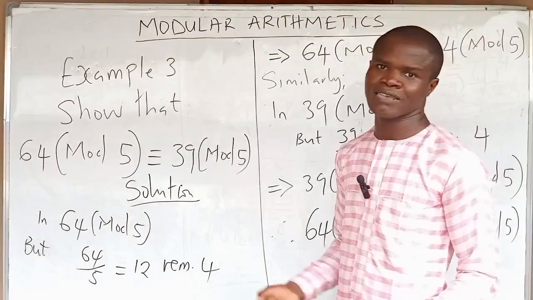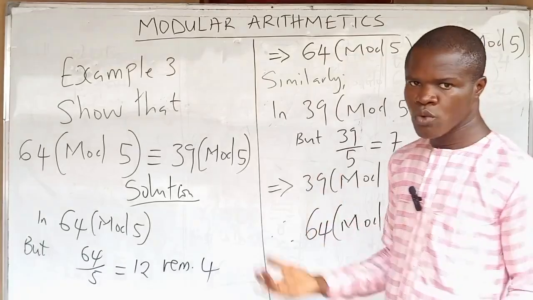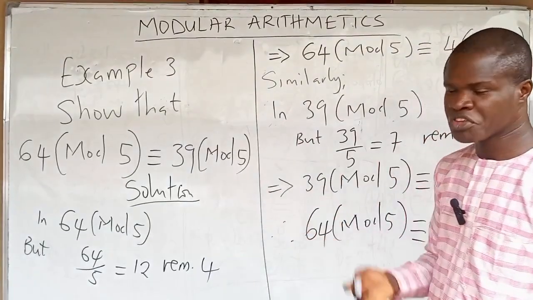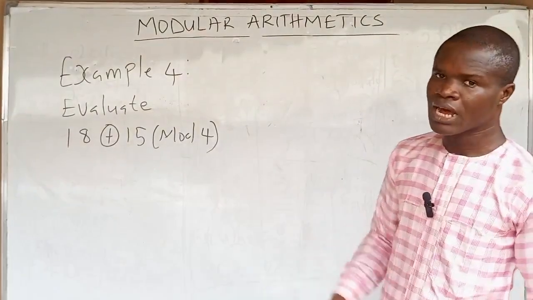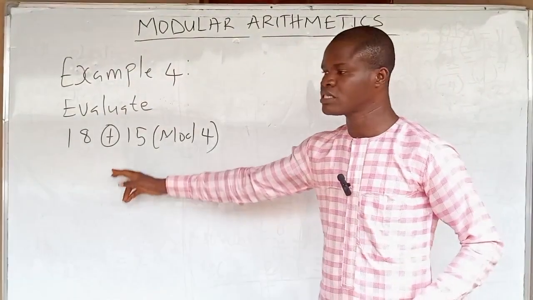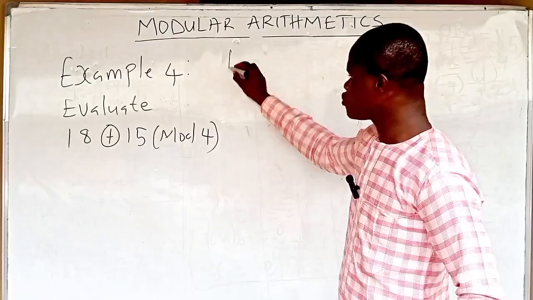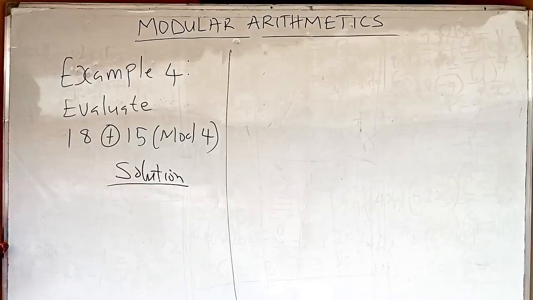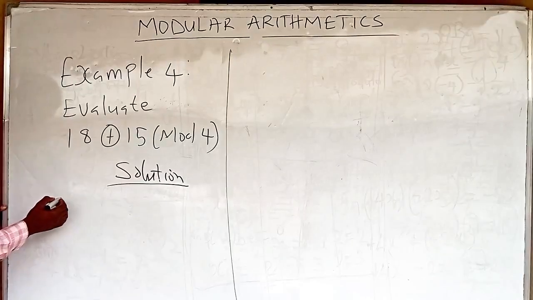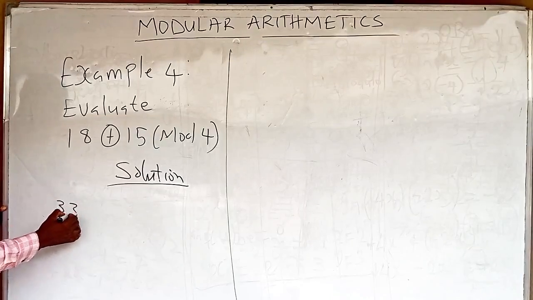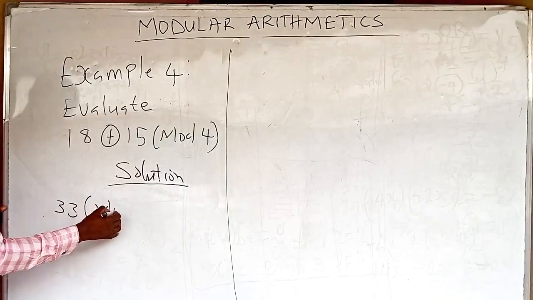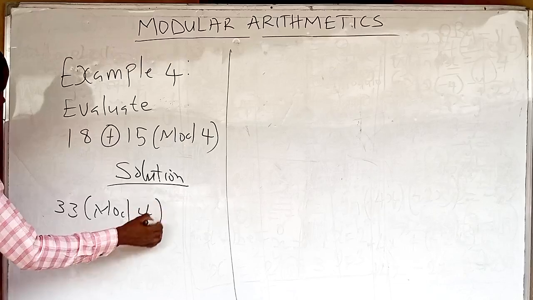Alright, so let's take another example to illustrate another way a question on modular arithmetic can come. Okay, so this is modular addition. We are asked to add 18 plus 15 modulo 4. Okay, so solution. 18 plus 15 will give us 33. So this is 33 modulo 4.